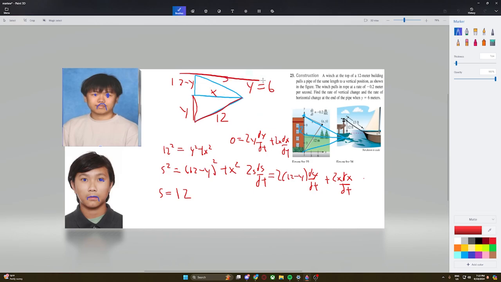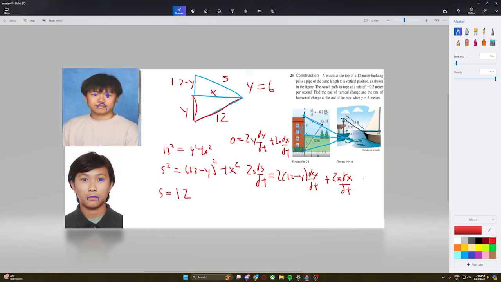So the triangle would look like this right here. This is the winch, and this is the pipe. The height between the winch and the edge of the pipe is 12 minus y. The height of the pipe is y. And they share an x value.